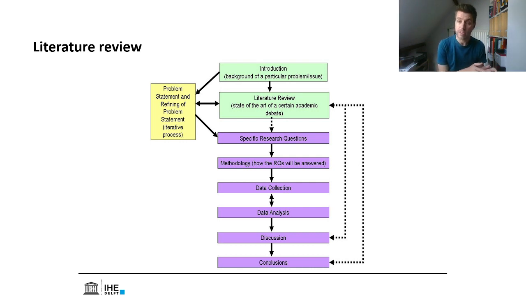In the engineering and the natural sciences, the literature review is mostly used as a background and to define the state of the art and to define what the knowledge gaps are in order to refine your research question. In the social sciences, we see that the literature review is mostly used to create a conceptual framework. And so we question, okay, how can I actually understand my research objective?